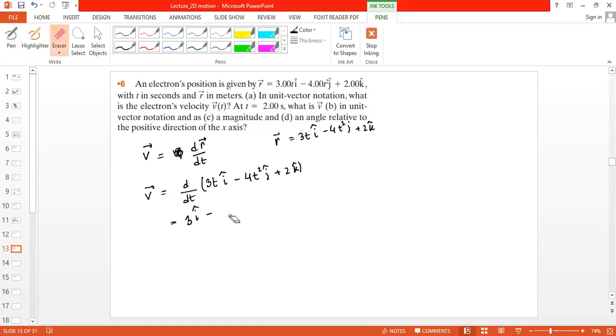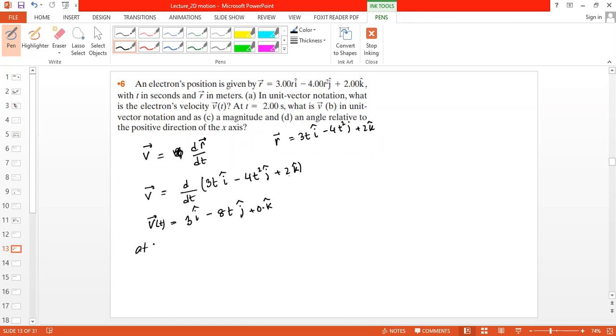This should be 8t j, right? Yes, sir. And if we differentiate 2 with respect to time, this will be 0, so plus 0 k. Basically 0 k means 0, I don't worry about this thing. So my velocity v(t) equals 3i minus 8t j.